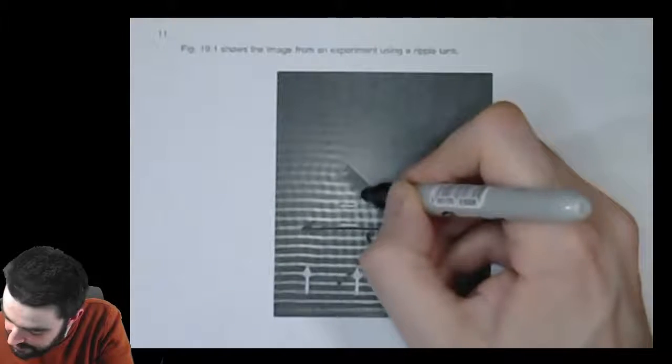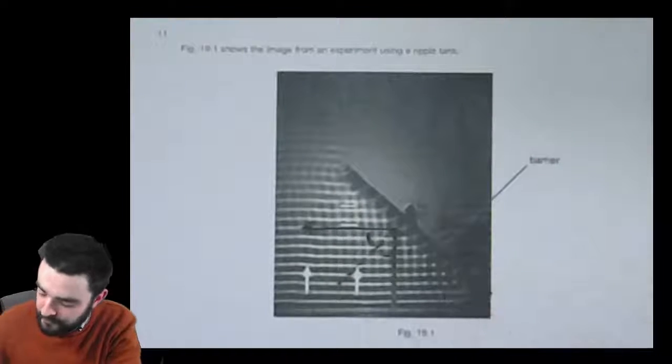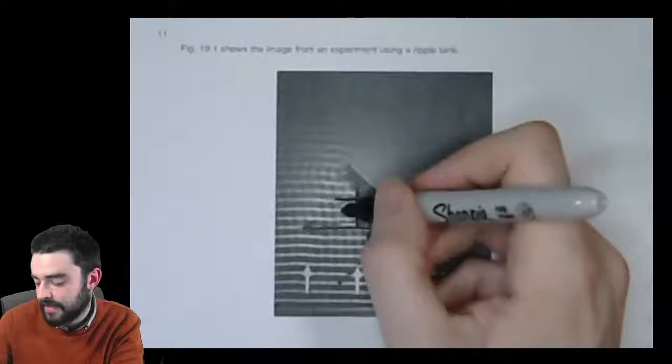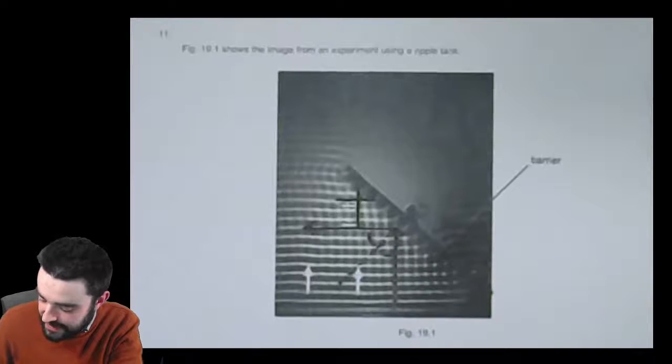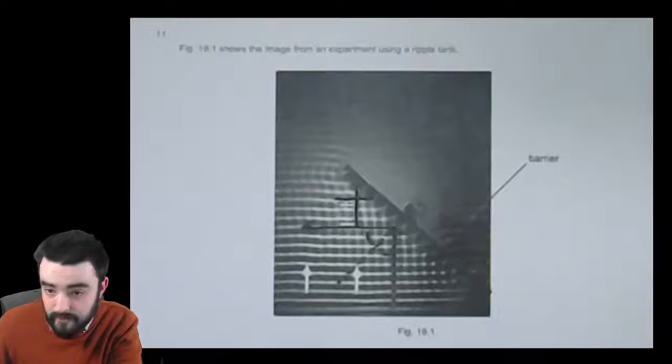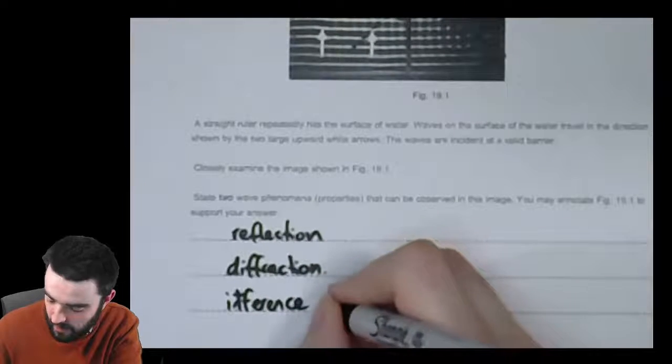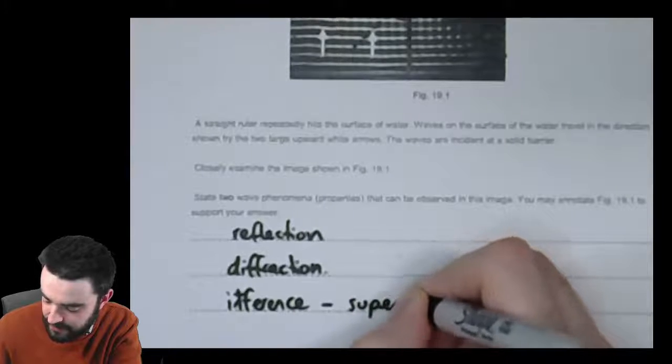Finally, we can see these different patterns here. So you can see this cross-cutting effect in here. This is interference, or the superposition of waves.